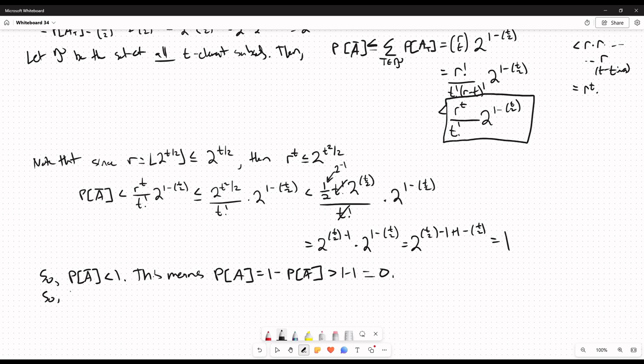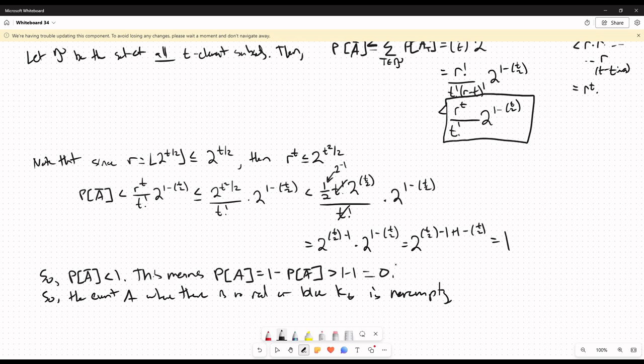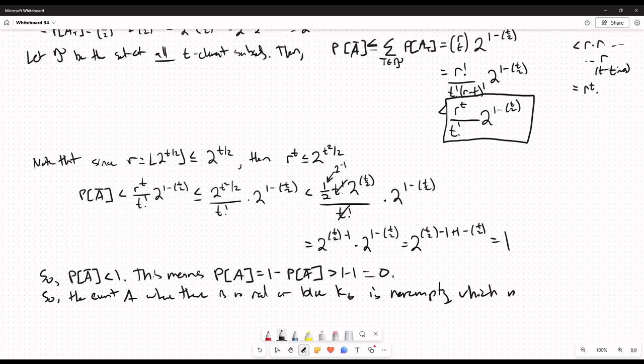That means the event A, where there is no red or blue KT, is non-empty, which means some red-blue coloring of Kr has no red or blue KT.